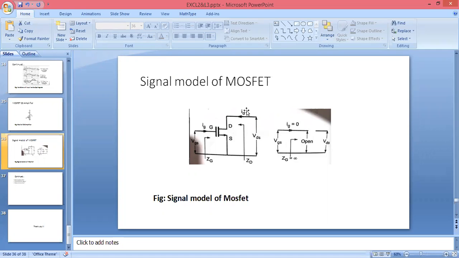But in practice, just because of channel length modulation, ID will increase after VDS saturation, and we will get the output resistance. This is the inverse slope of output characteristics. This is the signal model of a MOSFET.